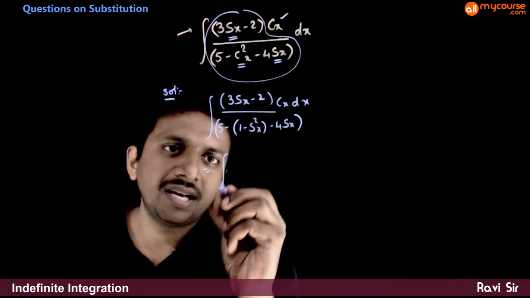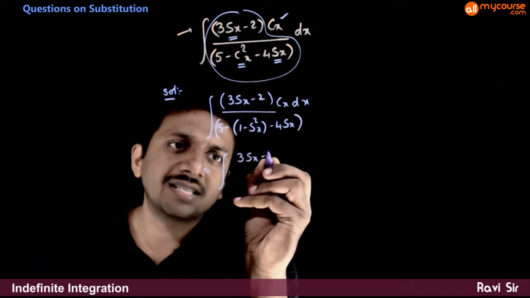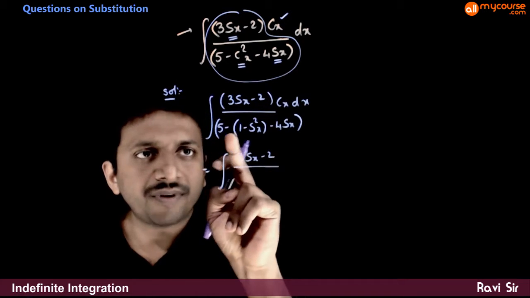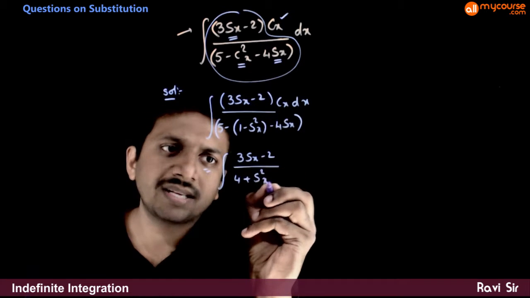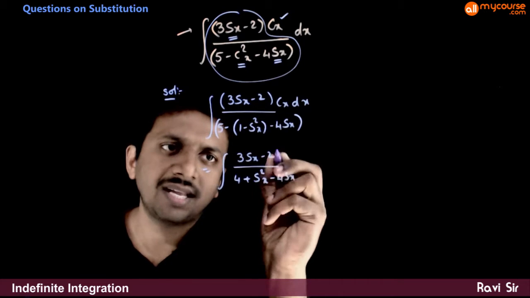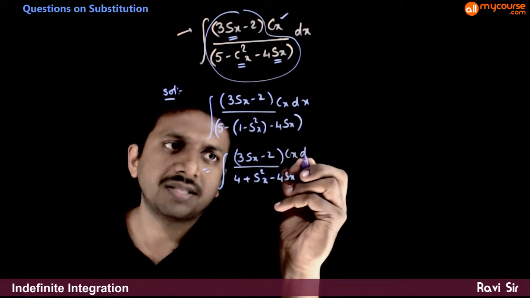So that is equal to integration of 3 sin x minus 2 by, so 5 minus 1 is 4, plus sin square x minus 4 sin x, times cos x dx.